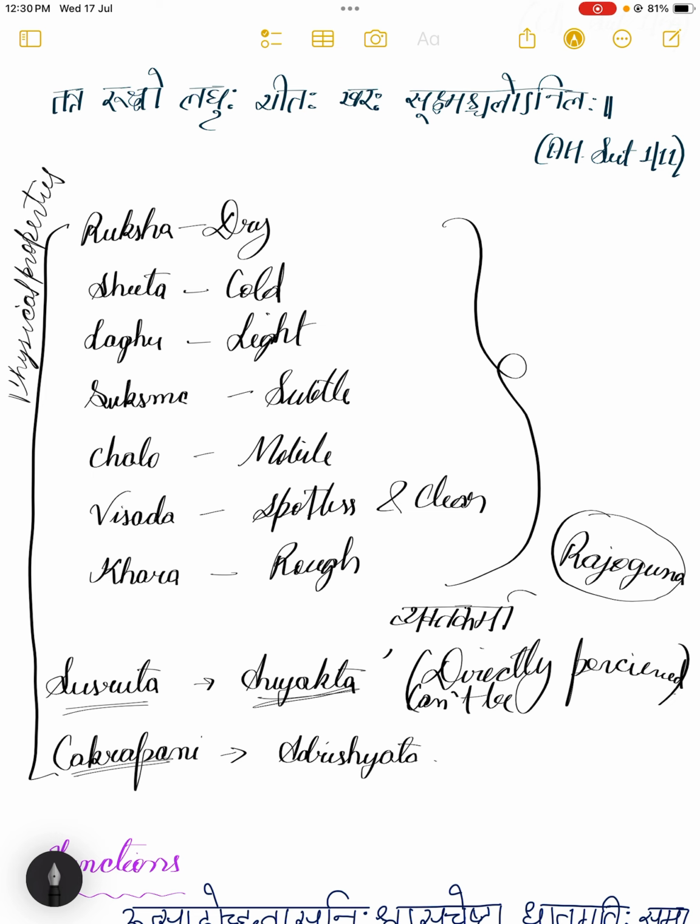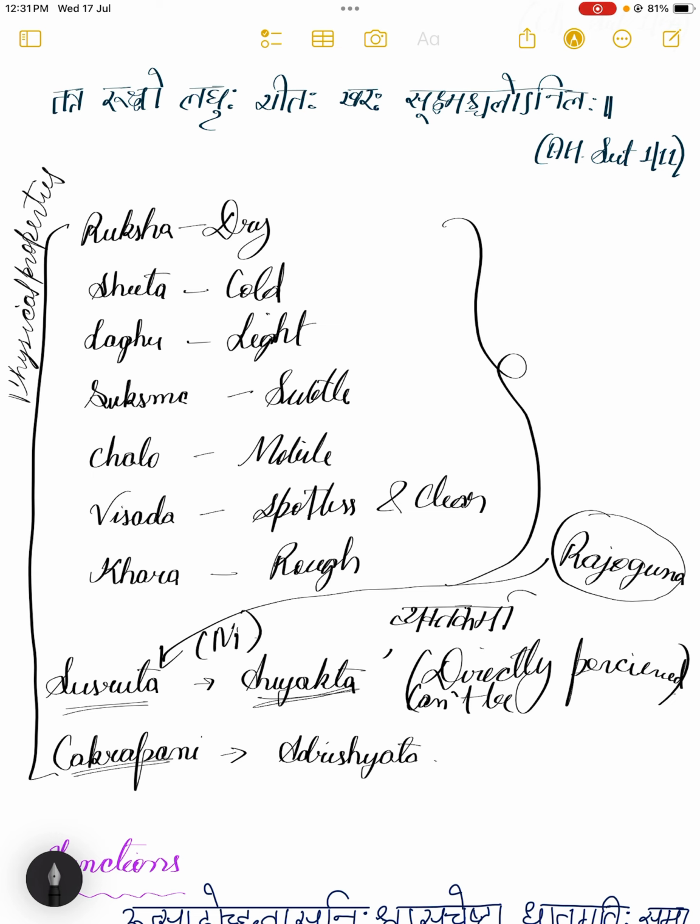These are physical properties, also called Sharirik Guna. But if we look into the Manasik Guna, then Rajoguna is the property possessed by Vata dosh, and this is mentioned by Acharya Sushruta in Nidan Sthan.